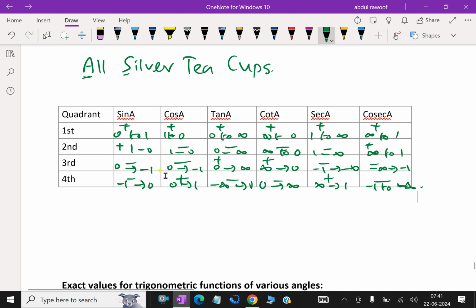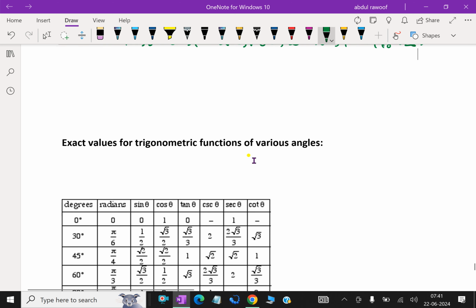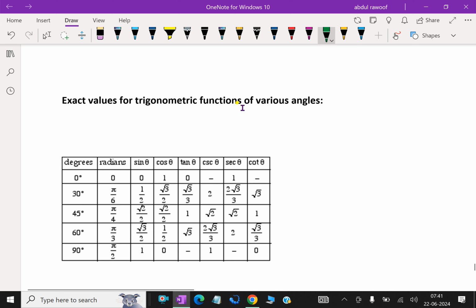Next one, exact value of trigonometric functions of various angles. Here, the basic angles are 0 degree, 30 degree, 45, 60, 90. If you remember this order, we can fill in all the values. Here, first the degrees and radians: 0 degrees is 0 radians, 30 degrees is pi by 6 radians, like this.